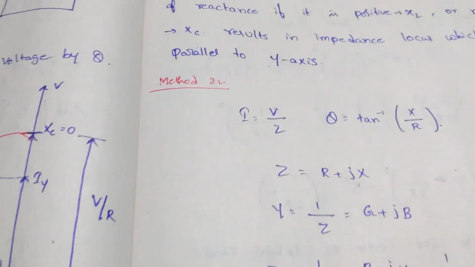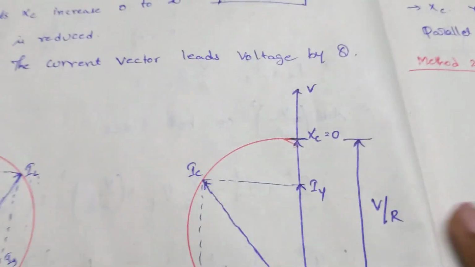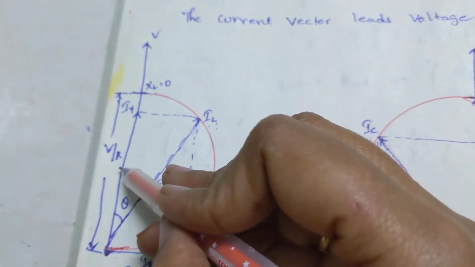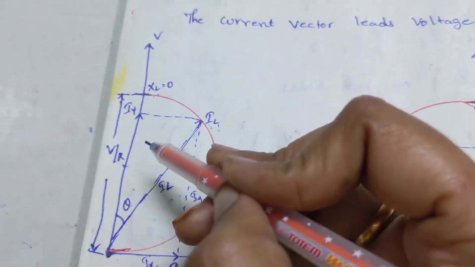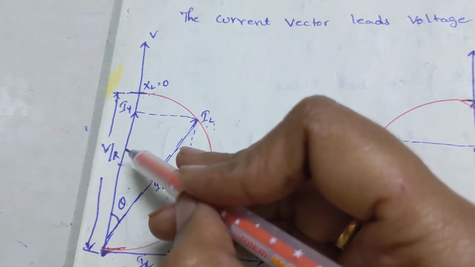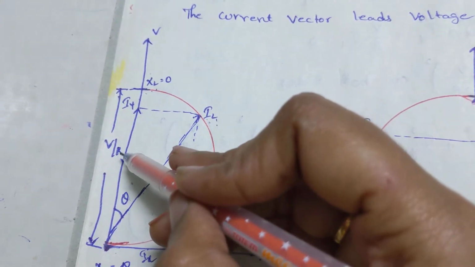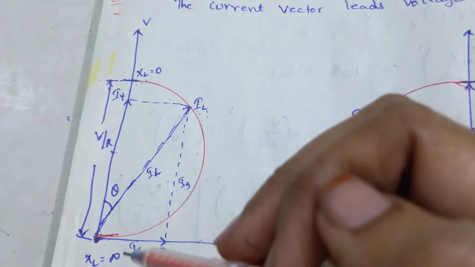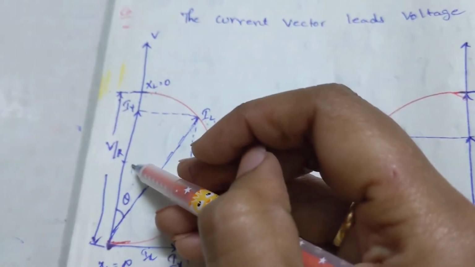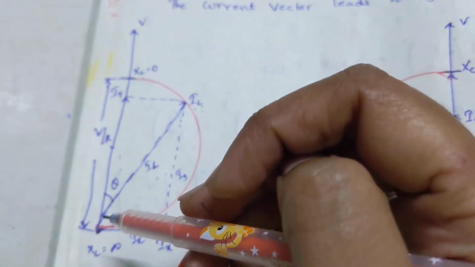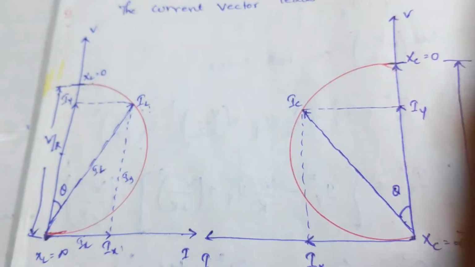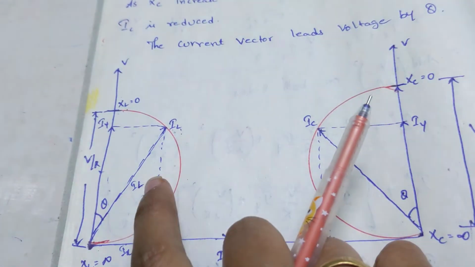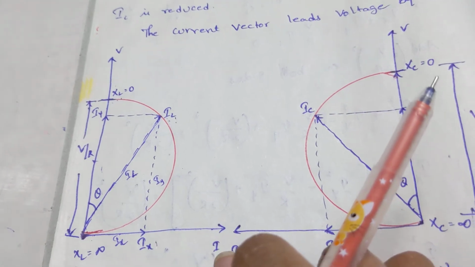So this is the circle equation, having the center at V divided by 2R on the y-axis, and the radius of your circle is V divided by 2R. This is for the RL circuit, which has the coordinates of V on the y-axis and I on the x-axis.